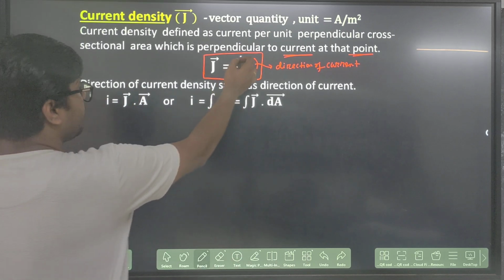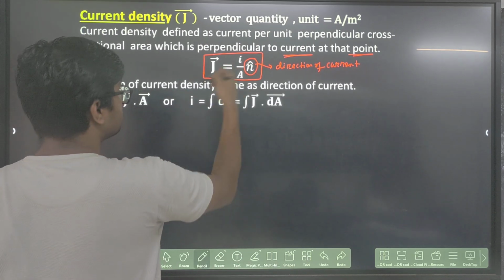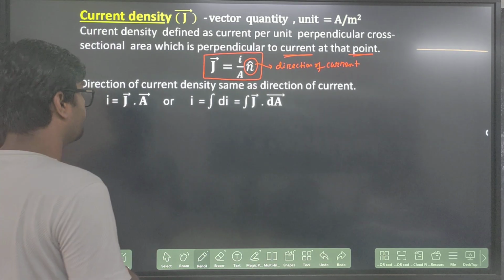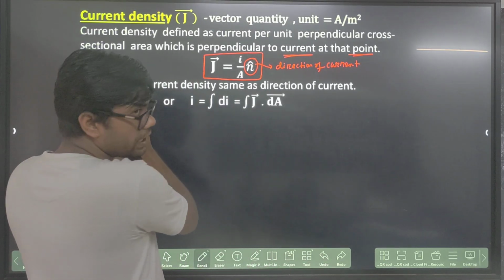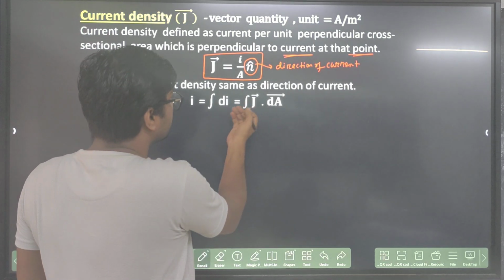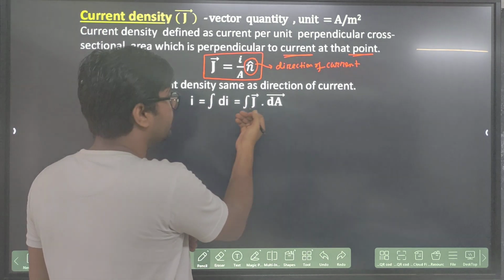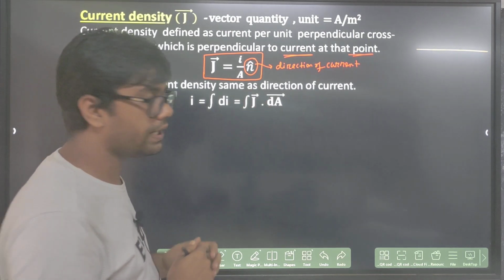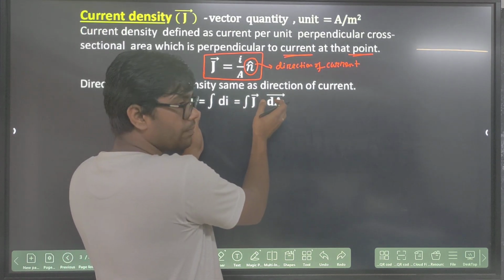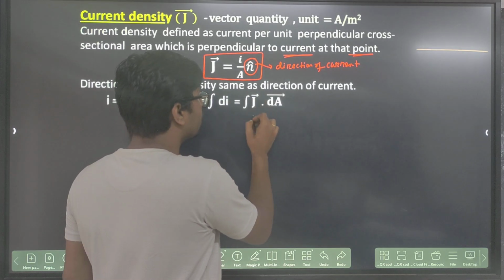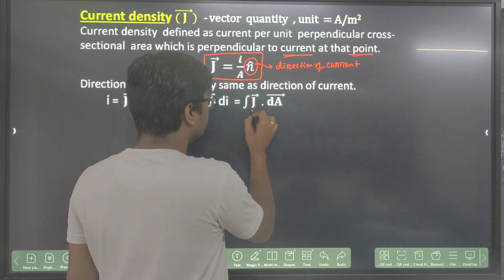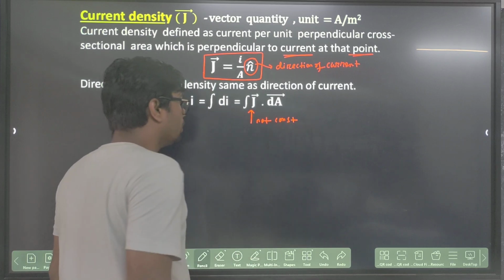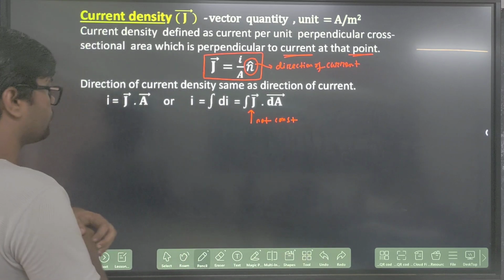Or you can write I equal to J dot A, dot product between J and A. If J is not a constant quantity, you can write I equal to integration of J dot dA, right? So whenever J is not constant, then you have to apply this formula.